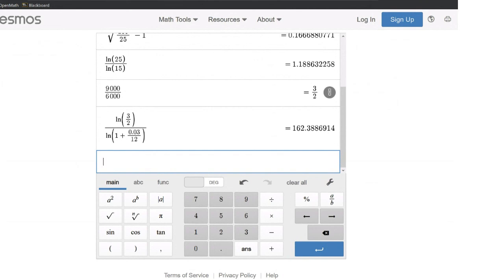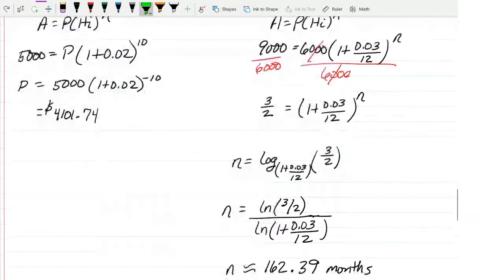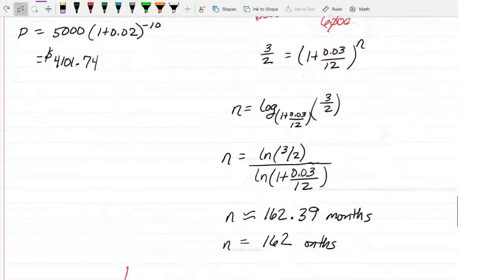I don't care to calculate my time values that exactly. When it comes to years, I'll probably keep 1 decimal place. When it comes to months and anything smaller than months, I'll usually just ask you to round it to a whole number. Any of the decimal places would not be useful to keep track of. And I think that's what I did here in the notes. Yeah, I rounded it to a whole number of months, 162.